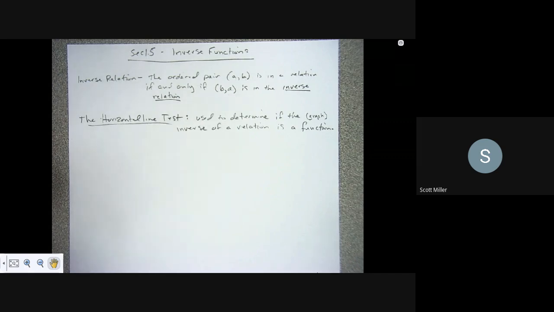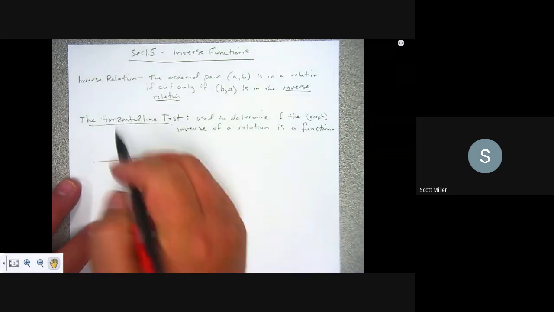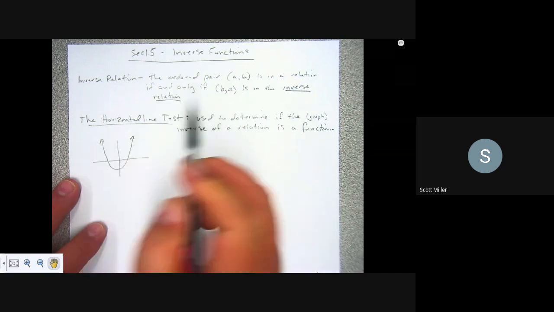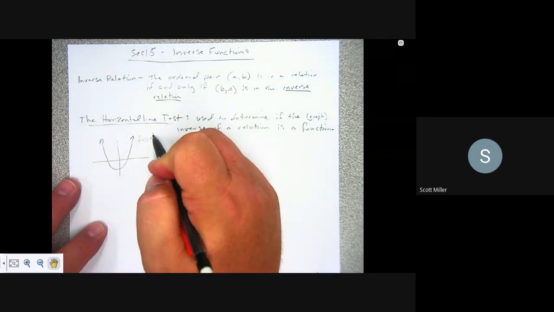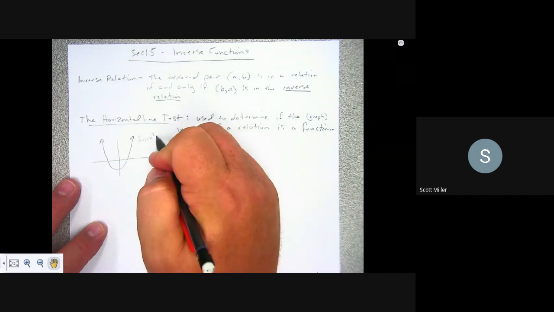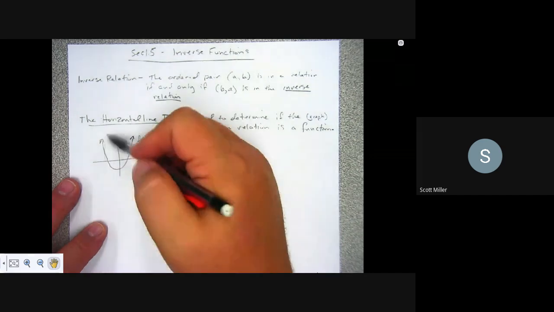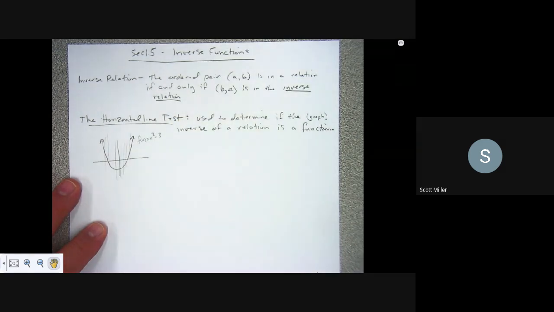So take a look at the same graph. Here is a parabola, f of x equals x squared in some fashion. We can see that it will pass the vertical line test, which is why it's a function.